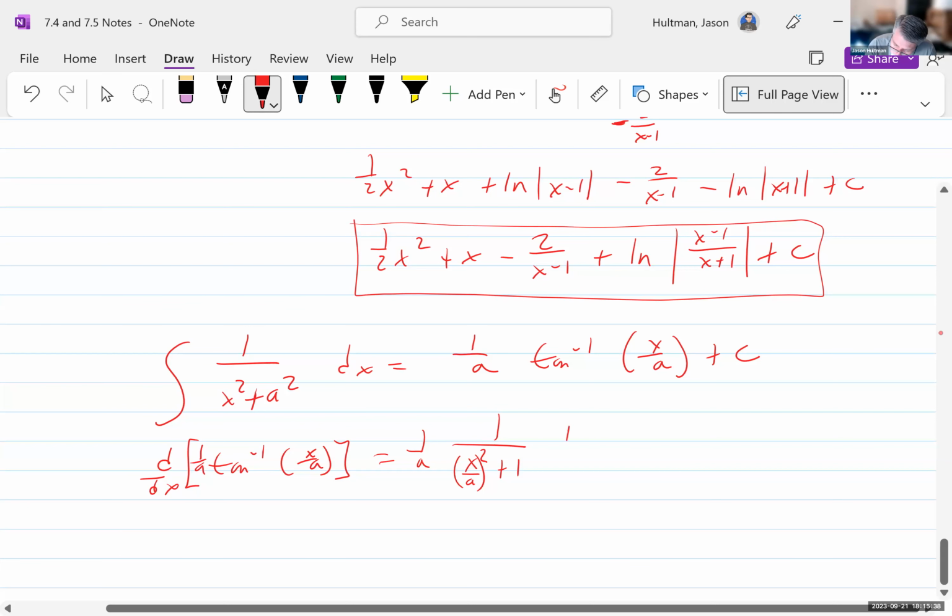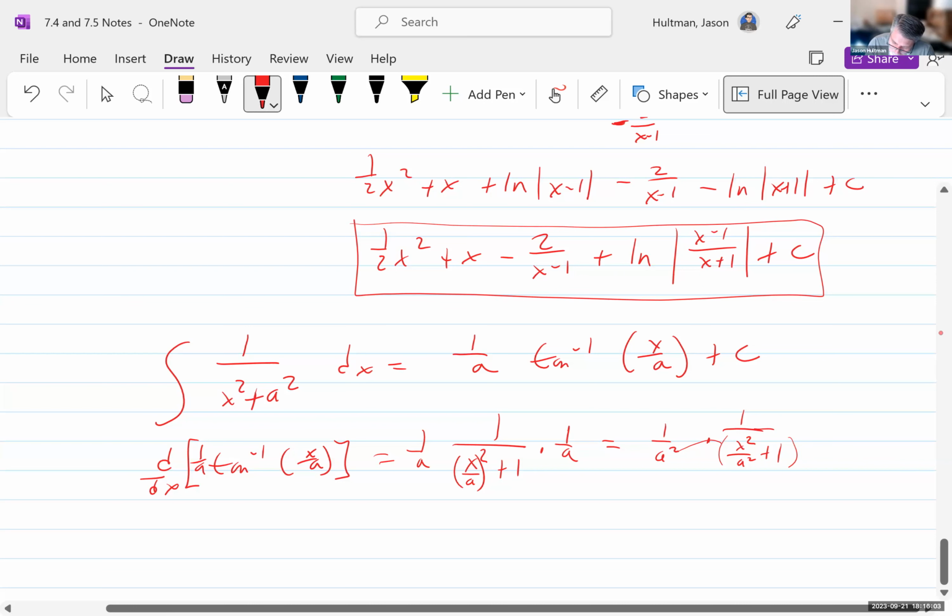I think this will work out. And that equals 1 over a squared times 1 over x squared over a squared plus 1. And so what I'm going to do is distribute this a squared.